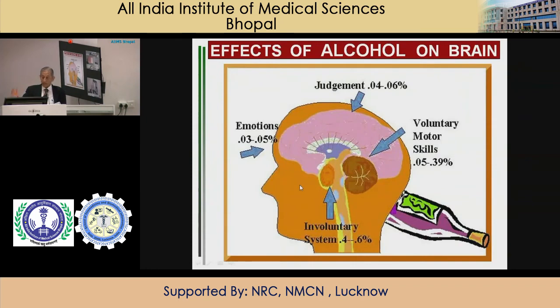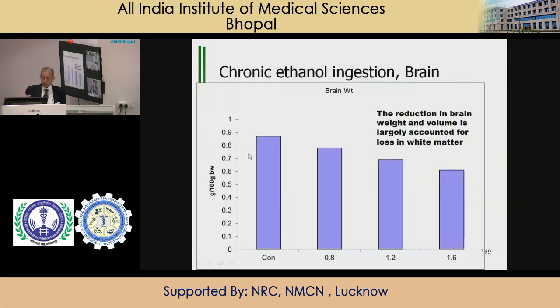A few slides on the effect of alcohol on the brain. This particular work has been done by Dr. Sukesh and the group, and of course, I have to significantly reduce the whole work. This is only a small part of that. Chronic ethanol ingestion in brain: what happens to brain weight, and this is the concentration given, that is, the alcohol is given at different concentrations.